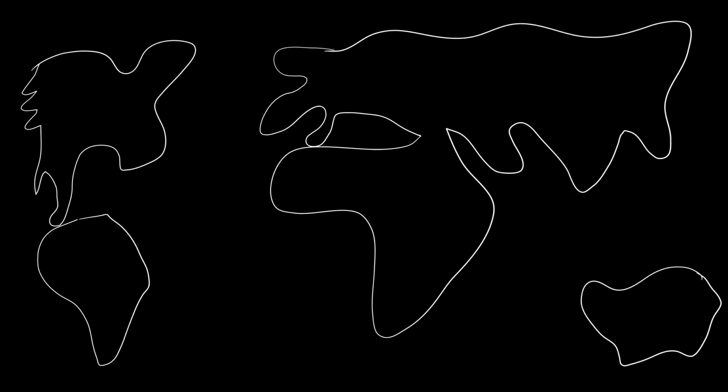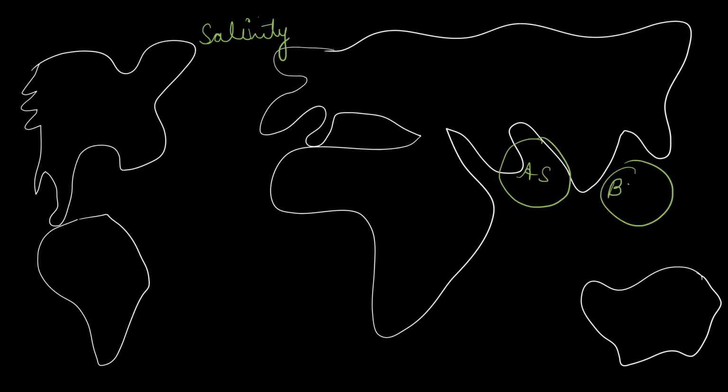Looking at the map here, we are going to see what the salinity is in various parts. Let us take an example of the Arabian Sea and the Bay of Bengal and compare them. As we know, in the case of the Bay of Bengal, various rivers dump their water into it.